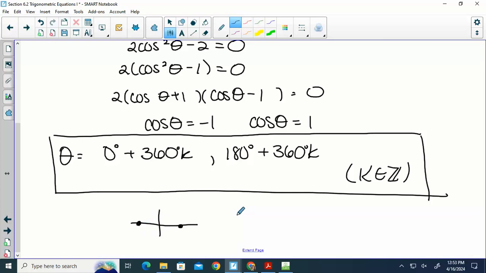So another way you could see this one is just 180k. As long as you have an equivalent form, I'm good with it. Just know if you're checking your answer in the back, they are going to go with the shortest way to write the answer. Is 180k encompassing all our solutions? Yes. When k is 0, you get the 0. When k is 1, you get the 180.